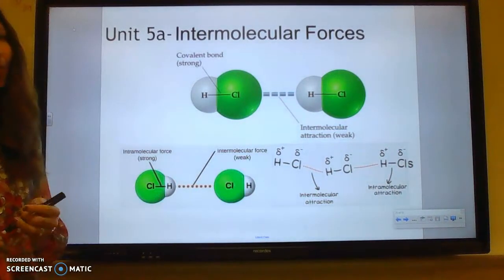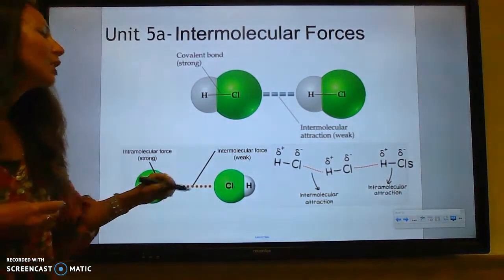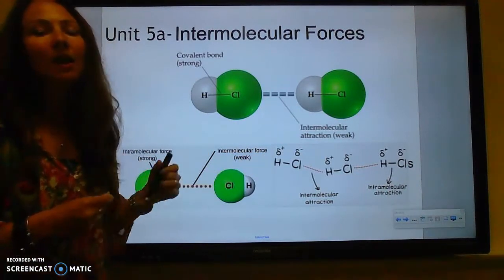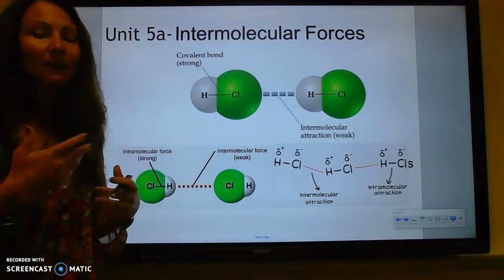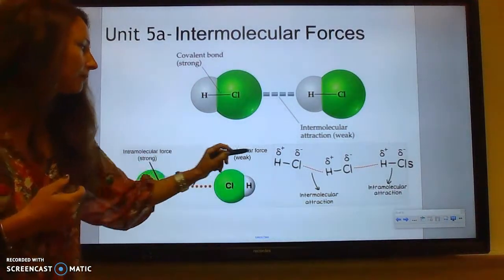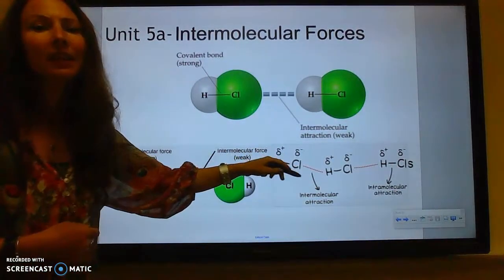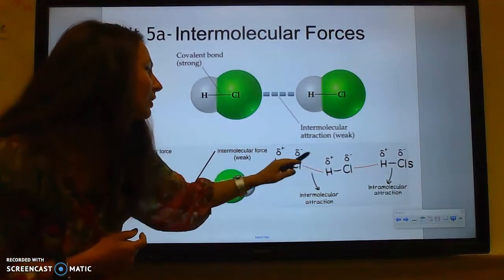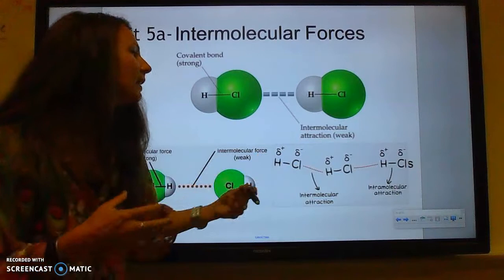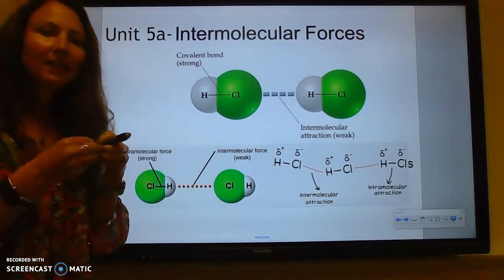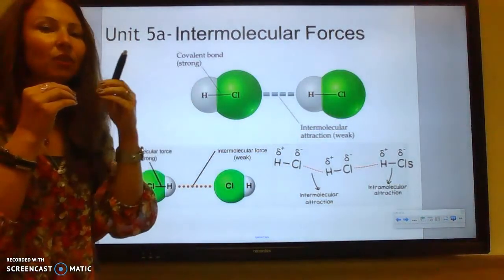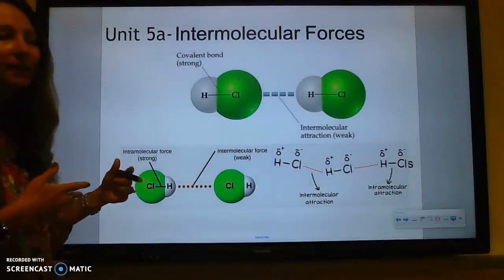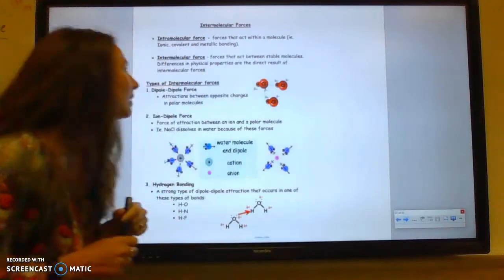We're not going to get into much detail, but we could also draw the structure and show the polarity of bonds for the polar covalent bonds, and show you where the positive end and the negative end is so you can understand the basis of the attraction. See how this one's positive and that one's negative? It just makes sense that a positive end of a molecule is going to attract to the negative end of another molecule. So let's talk about this in a little more depth.